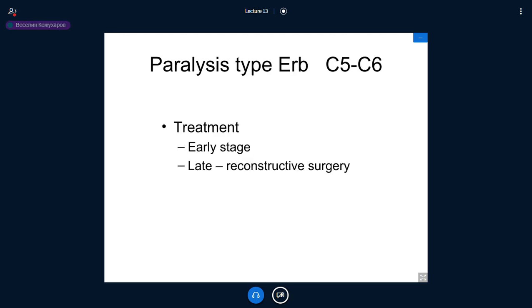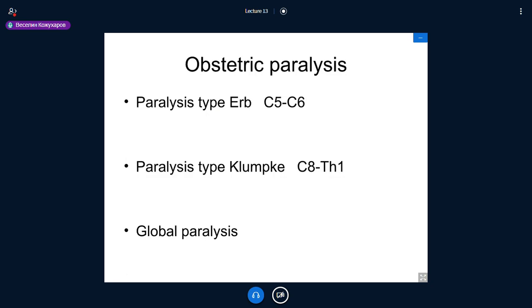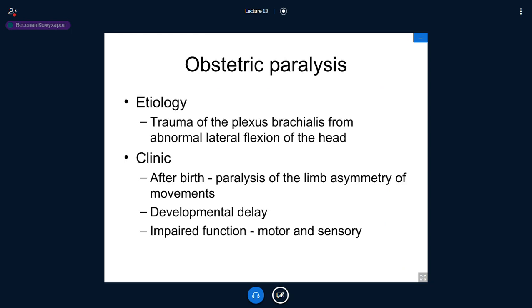Anyway, the treatment of paralysis. Sorry, before this, the clinics. Usually, ERP paralysis involves the muscles of the shoulder.